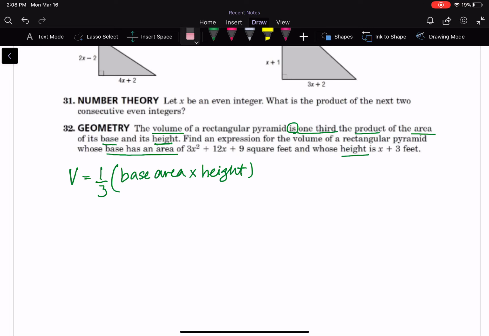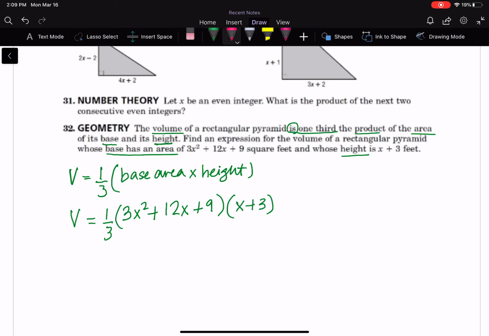So all you have to do is substitute, and it becomes volume is equal to 1/3 times 3x squared plus 12x plus 9 times x plus 3.